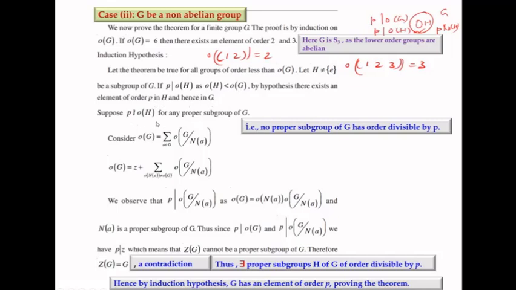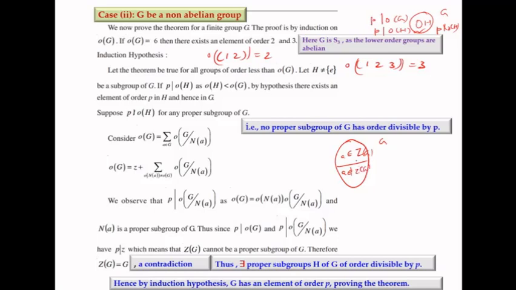Now suppose P does not divide the order of H for any proper subgroup of G, that is, no proper subgroup of G has order divisible by P. Now we will consider the class equation. We have the order of G equal to the summation of the order of G mod n of A. Now we divide the elements of G into those elements which are in Z of G, the center, and those elements which are not.